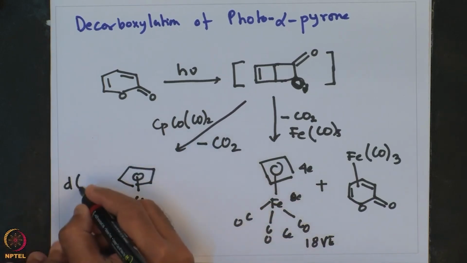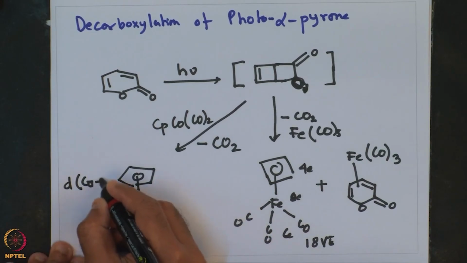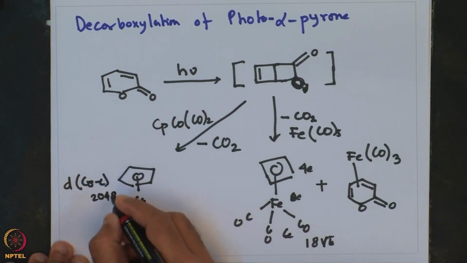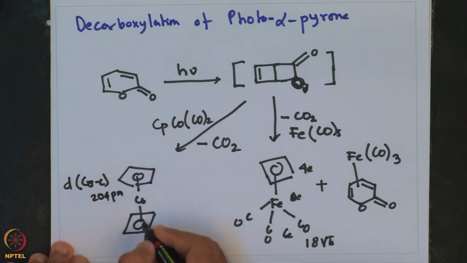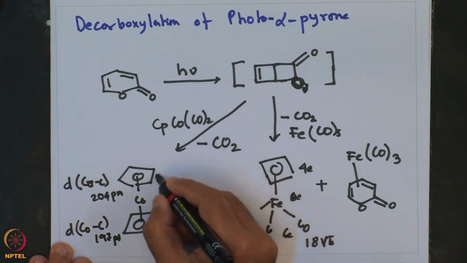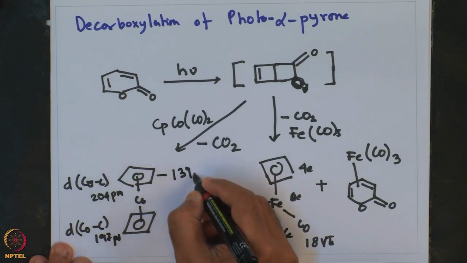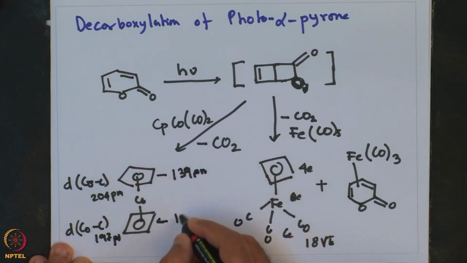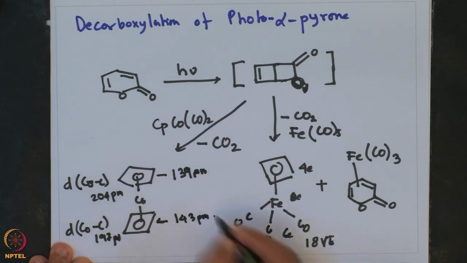So, the cobalt carbon distance is 204 picometer, and for this cyclobutadiene the cobalt carbon distance is 197 picometer. The C-C bond is 139 picometer, and this one is 143 picometer.